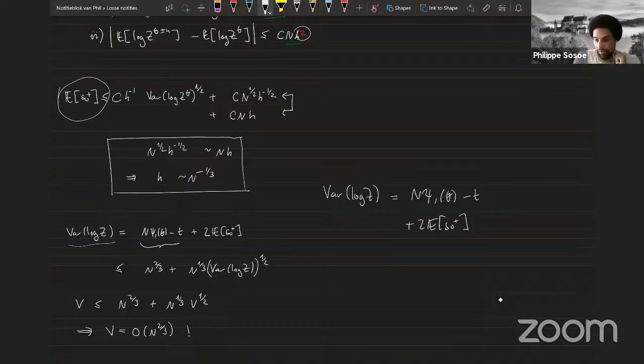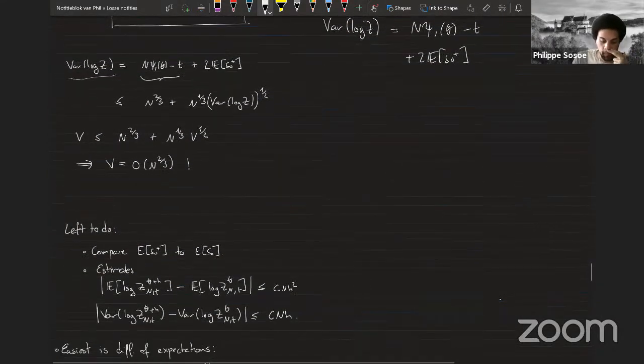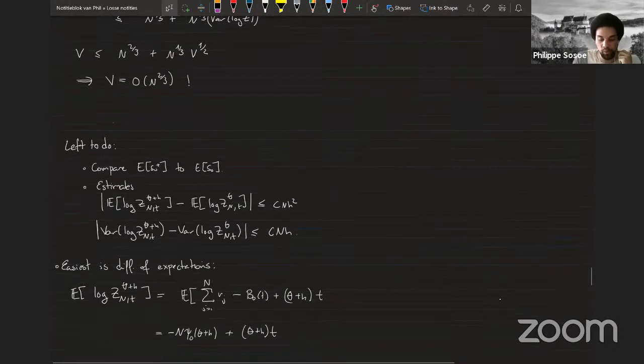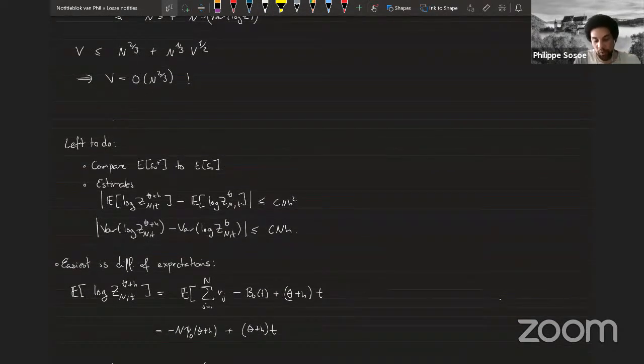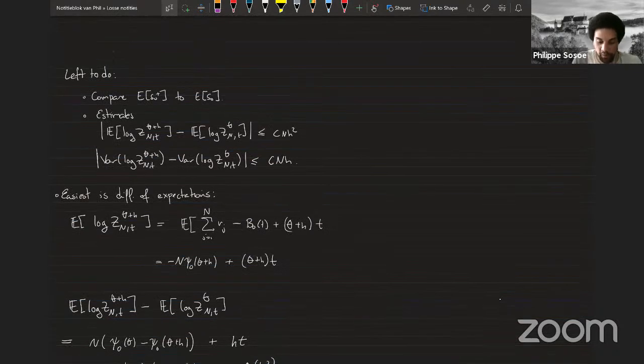Okay, so I don't have too much time left. I can very quickly just tell you what I left out. I don't think it makes sense for me to start any computations here. But what did we assume?